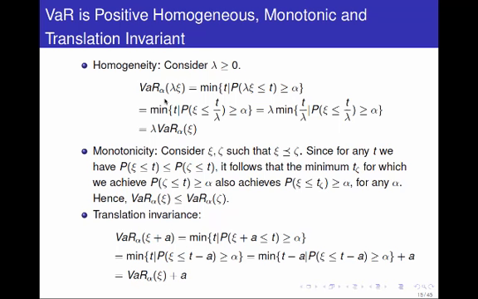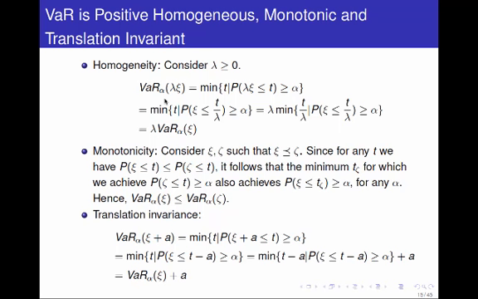I can just add some constant to my optimization problem and add it out. Again, the number I get will be the same answer. So then I'm left with this thing plus the constant. But again, I can just substitute t minus a by another decision variable, and that leaves me with VAR of xi plus the constant.